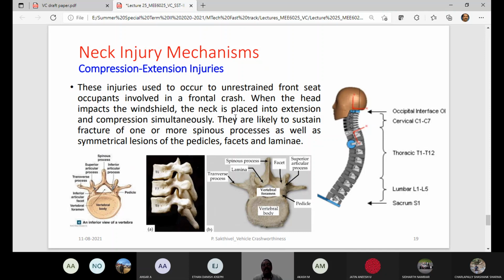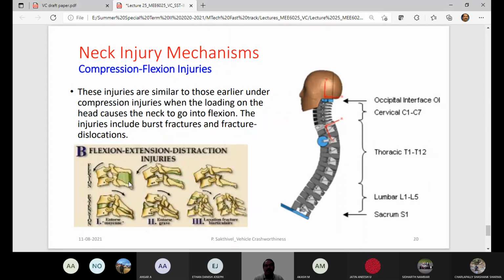The neck gets hit first on the windshield, so the neck is placed into extension and compression simultaneously. Then they are likely to sustain fracture of one or more spinous processes as well as symmetrical lesions of pedicles, facets, and laminae. These are all various parts of this vertebra. That's why I have put these details here for you to follow what this statement says.